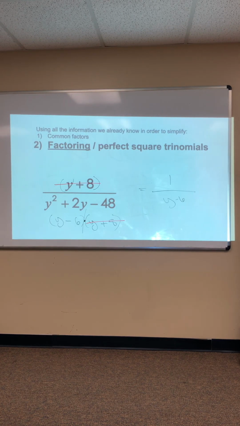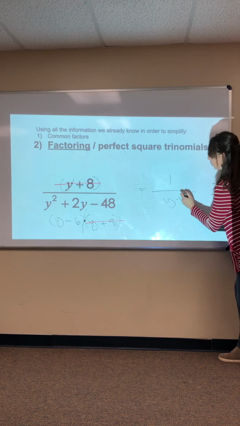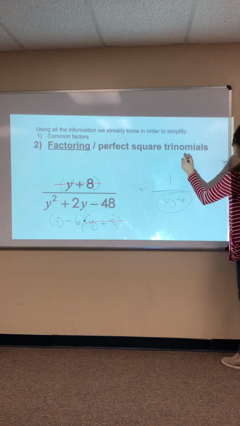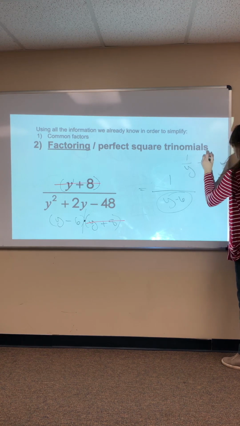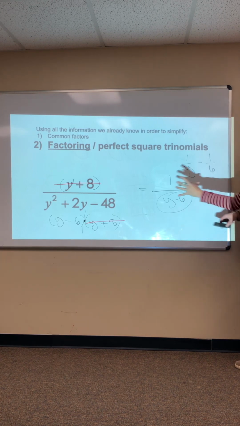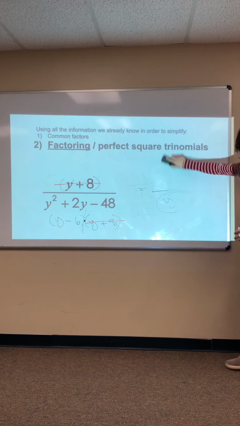So we are fully simplified at 1 over y minus 6. Remember, this y minus 6 is still one unit together. So this is not the same as 1 over y minus 1 over 6. Okay, so the y minus 6 is one unit together.